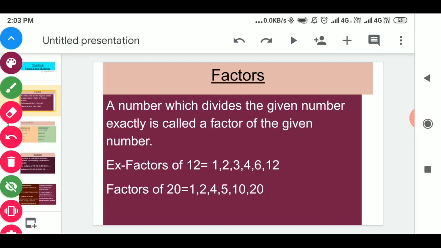According to this definition, a number which divides the given number exactly, without any remainder, is called a factor of the given number.